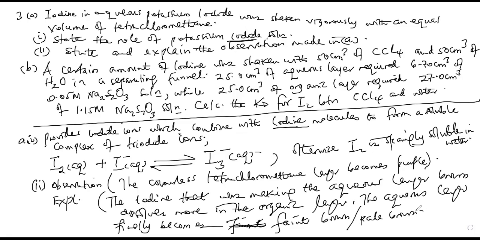And then part B doesn't change from what we have been discussing. A certain amount of iodine was shaken with 50 cubic centimeters of tetrachloromethane and 50 cubic centimeters of water in that funnel. 25 cubic centimeters of the aqueous layer, so we shall begin with it, required 6.7 of sodium thiosulfate.